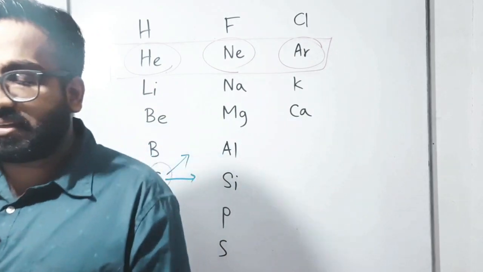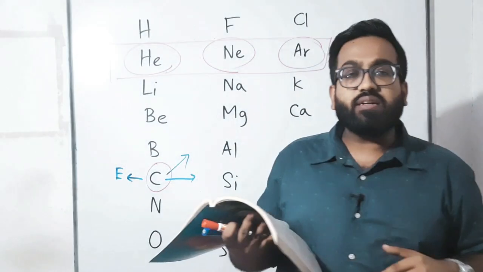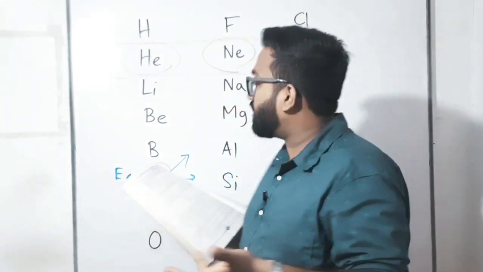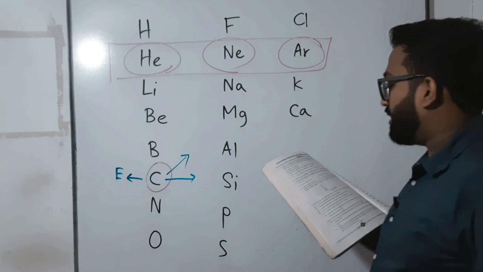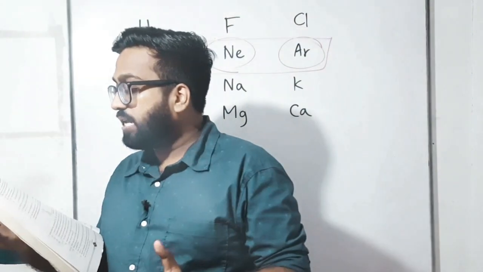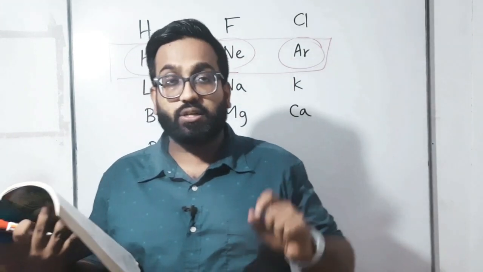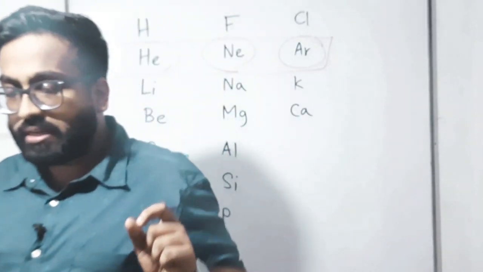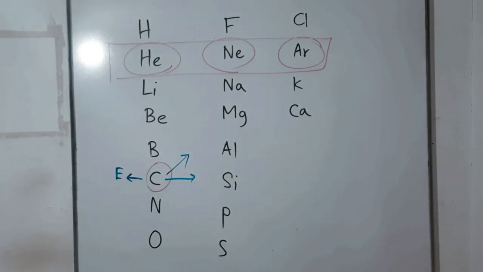So the symbols start from A. Now, according to these 20 elements, how many noble gases are present here? Helium is here, neon is here, argon is here. But we have to choose only one. Which element occurs as a noble gas at room temperature? Now children, my question is, how can we find the real noble gas?